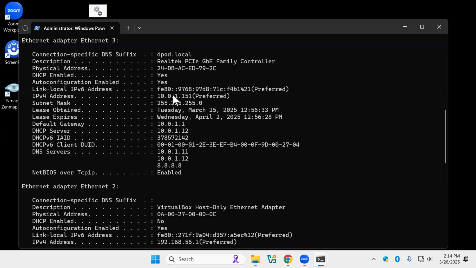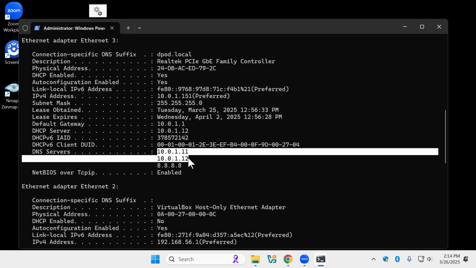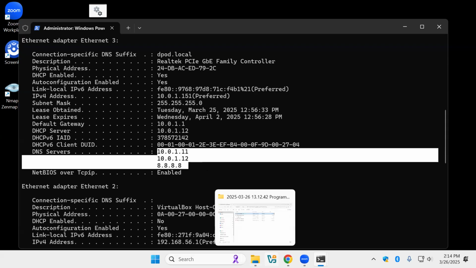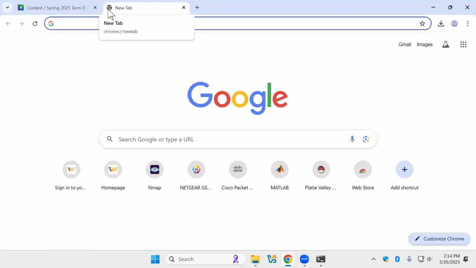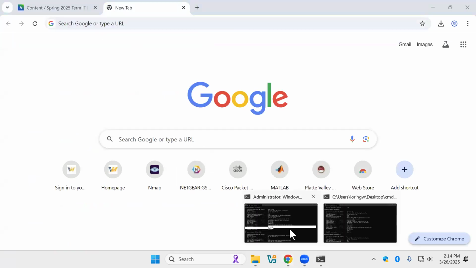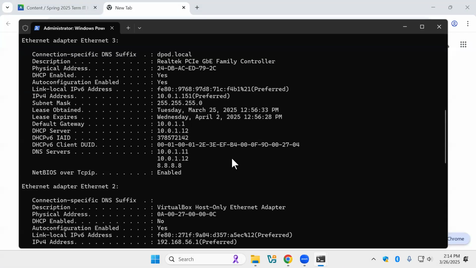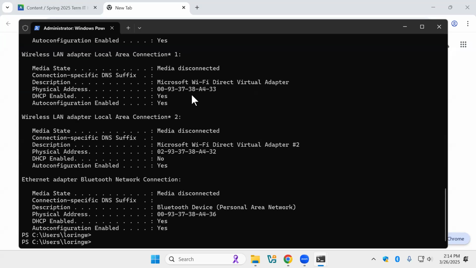All right, that's the basics of that. Remember what a DNS server does? DNS is domain name service. Oh, here's a good example. Computers like numbers, but people can remember names.